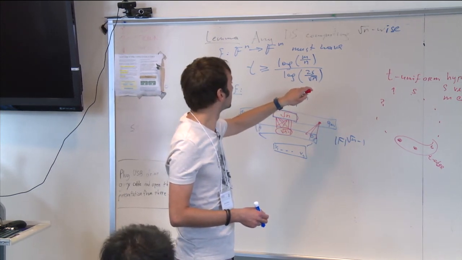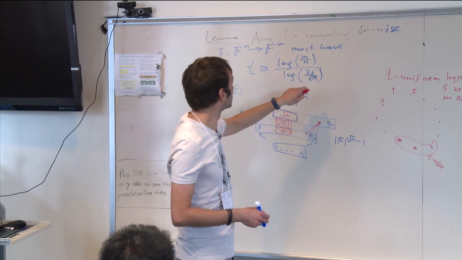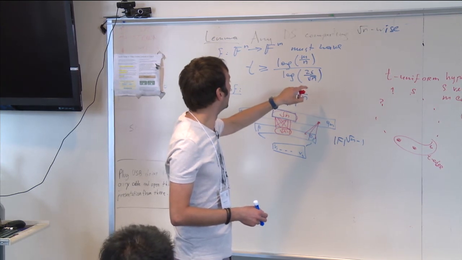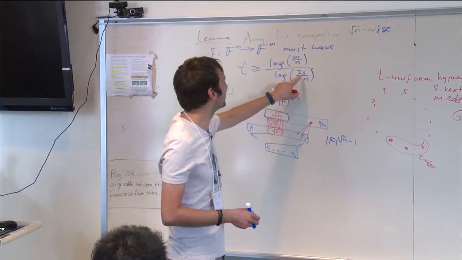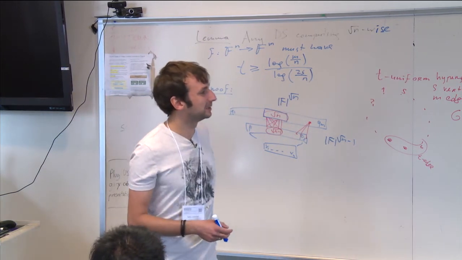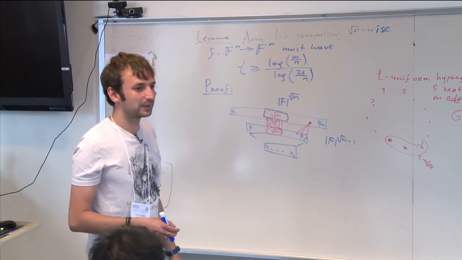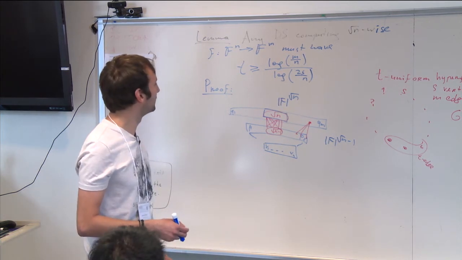So the bound is always a constant if it's only root n. The denominator seems to be... Oh! I shouldn't have written square root of n. Oh, sorry, got it. Yeah, it should be n. n over polylog. Yeah, n over something very close to n.